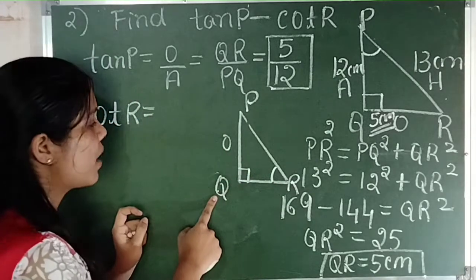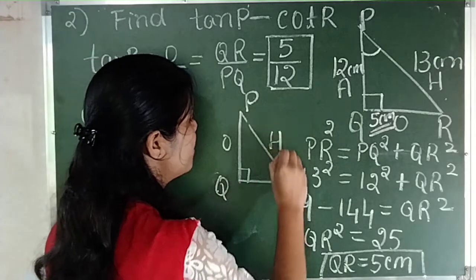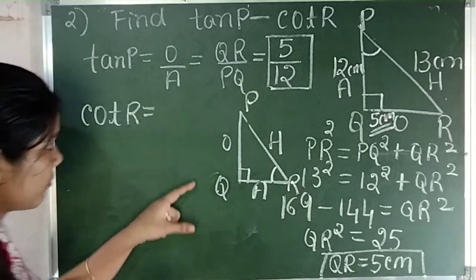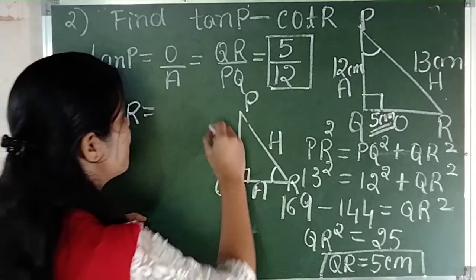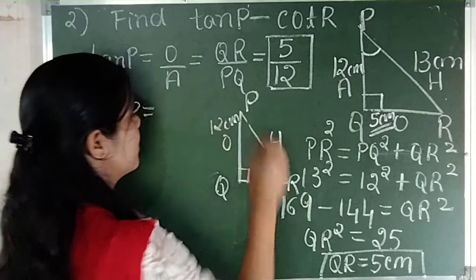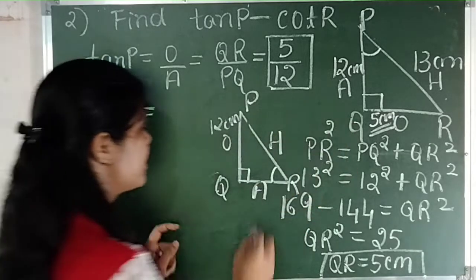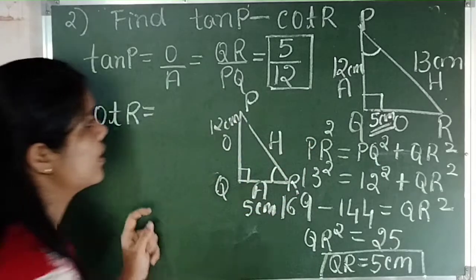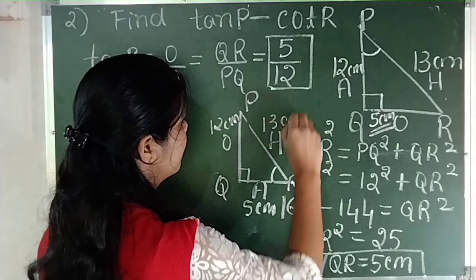The side opposite to 90 degree is the hypotenuse and the remaining is the adjacent. So let us write the lengths. PQ is 12 centimeter, QR is 5 centimeter and PR is 13 centimeter.